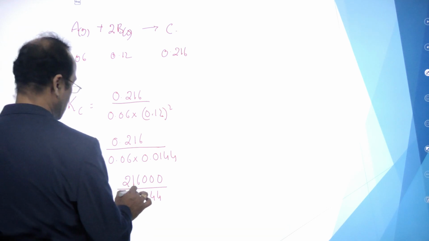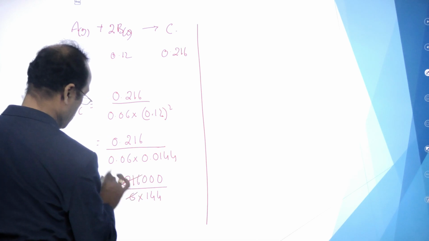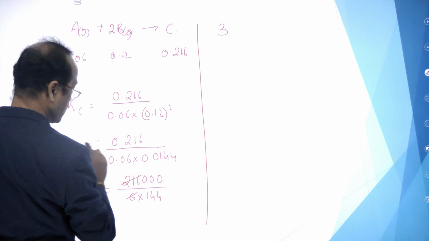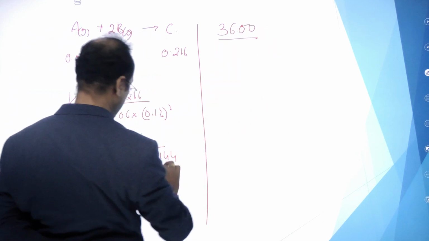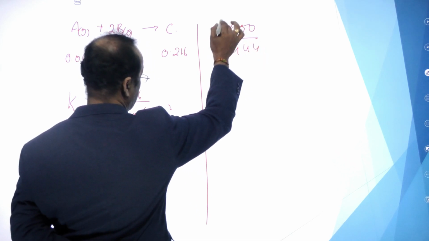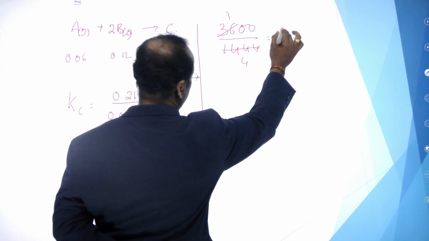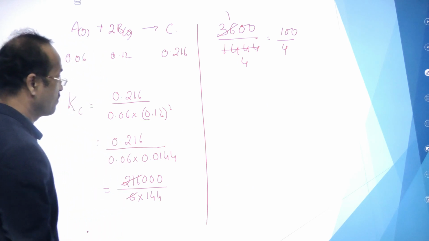Now if we cancel this one, 6 3s are 18, 3 will be left, 36, so 3600 divided by 144, right? Now 36 1s are 36, 36 4s are 144, so I'll get 100 by 4, correct?